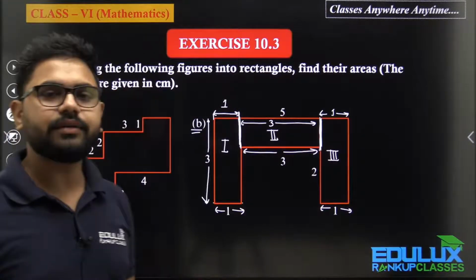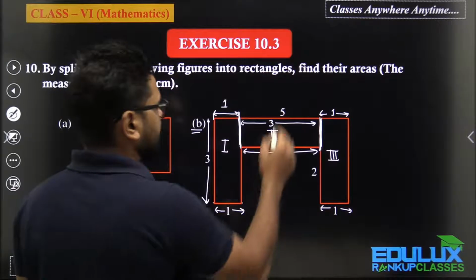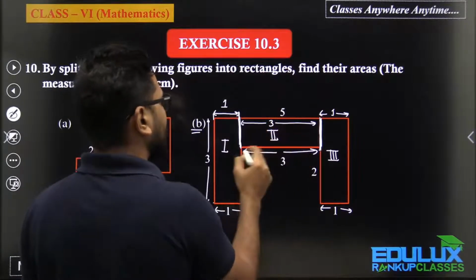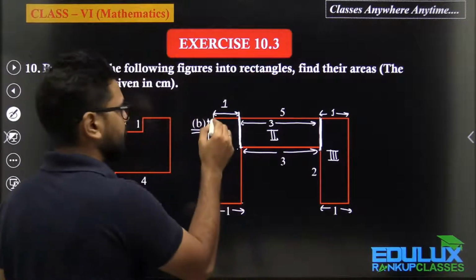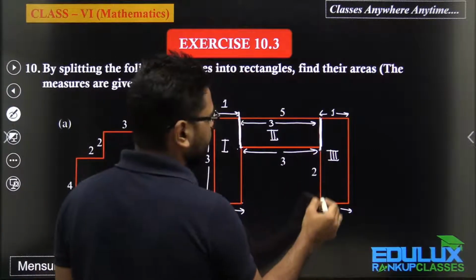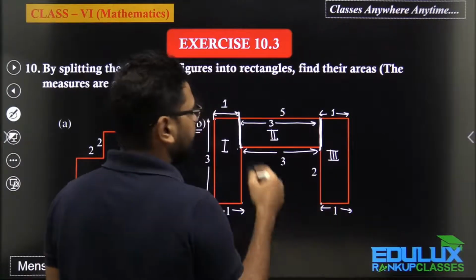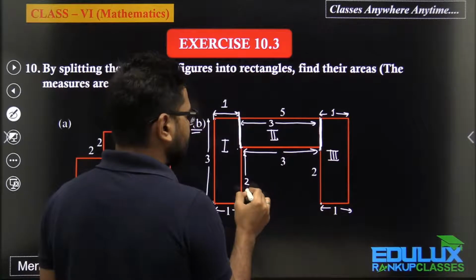Since we know that in any rectangle opposite sides are equal, we have got the dimension for these opposite sides. Now we are left with these sides. As we all know, this total side is given as 3 centimeter and this side from here to here is given as 2 centimeter, and the figure is symmetrical, so we can say this side is also 2 centimeter.